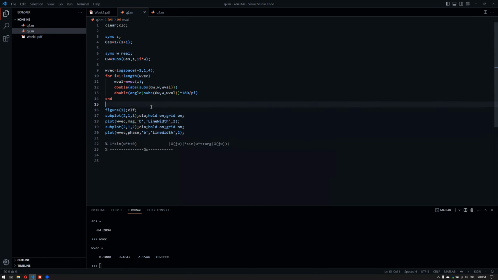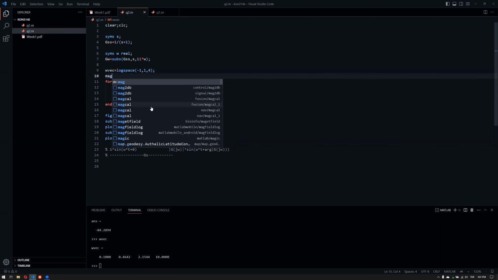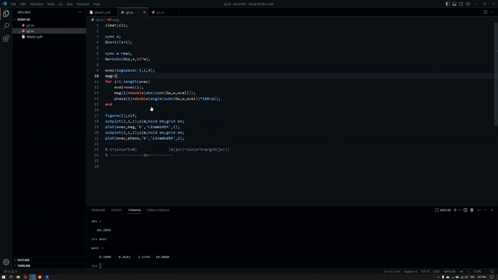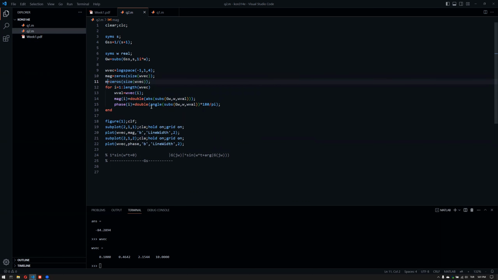So again, instead of just calculating them, I'm just going to accumulate them and save them into a vector like this. This is magnitude, this is phase, like this. Therefore, magnitude should be a 0 vector of the same size as omega vec, and phase is going to be the same.